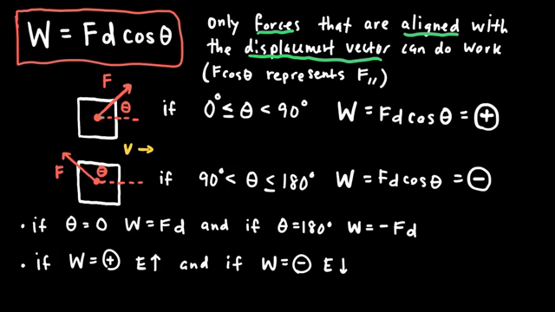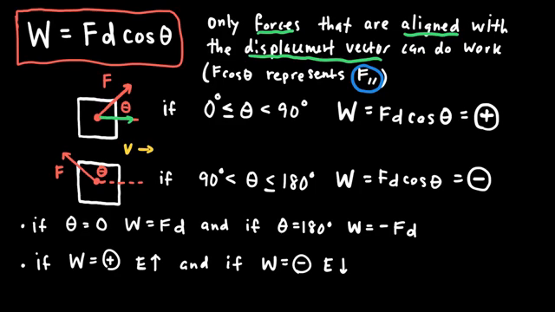Only the force that is parallel to the direction of the velocity or displacement does any work. If you made a force triangle there, that would be F cosine theta, which provides some reasoning for why the equation is F d cosine theta, because F cosine theta represents F parallel, the component of the force parallel to the displacement.